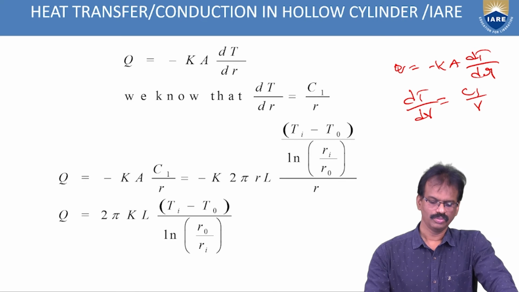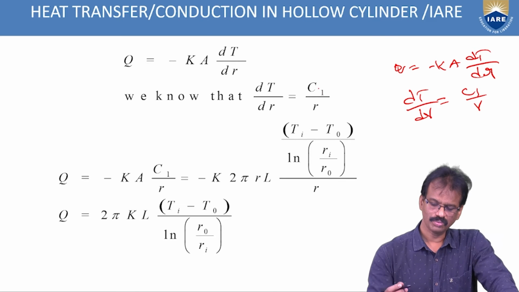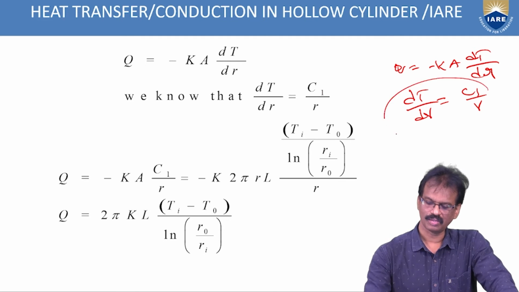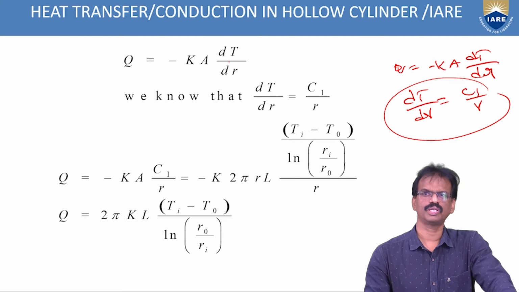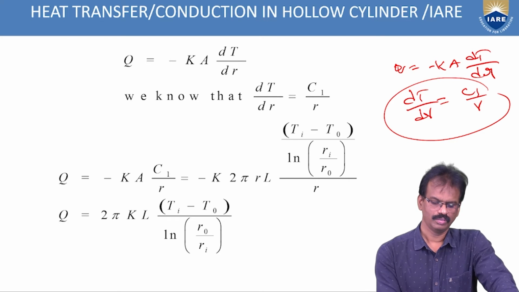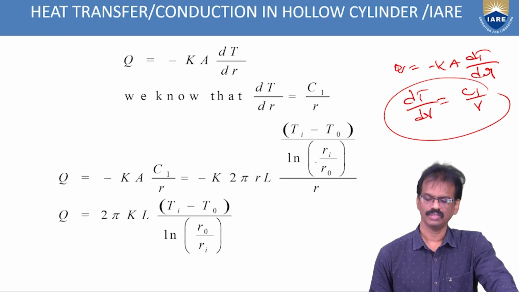Substitute this value C1 by R in Fourier's law. Then Q is equal to minus K into C1 by R. What is the C1 value?